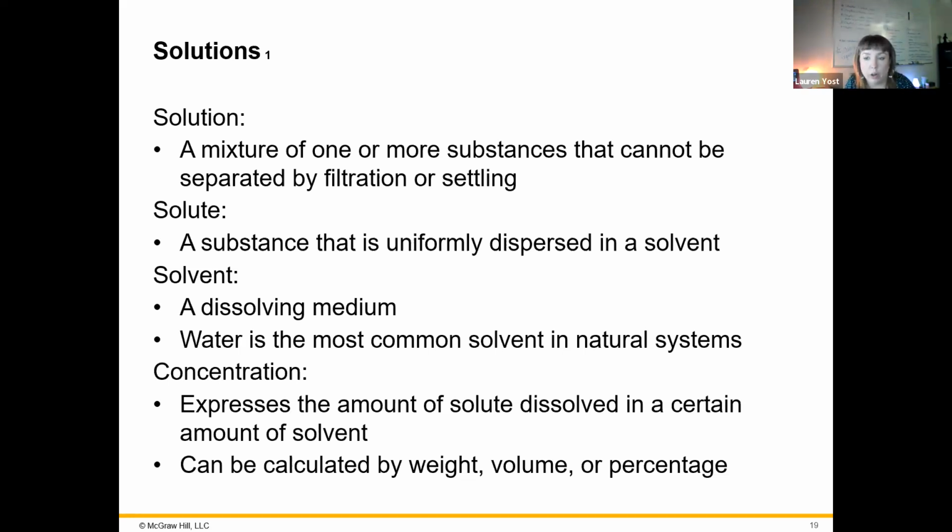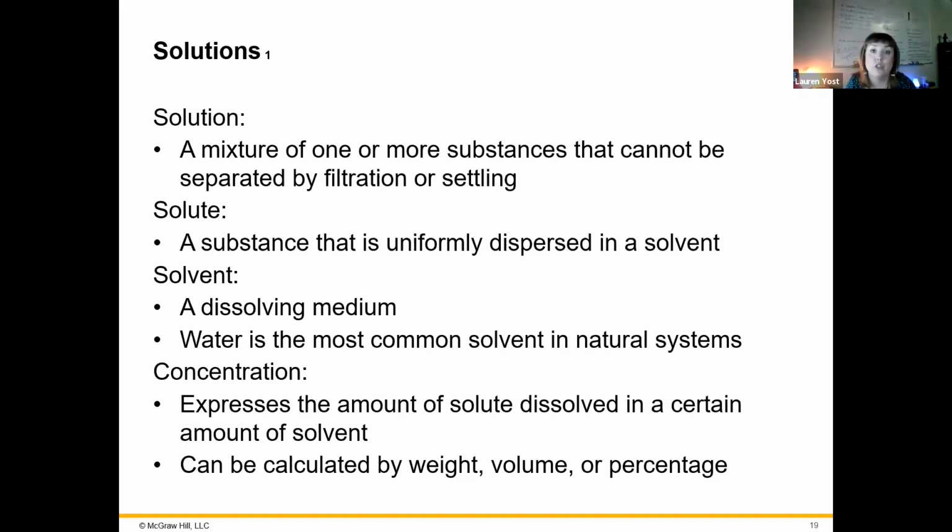Because these words are very similar to one another, do be familiar with which one is which, please. A solute is a substance that is uniformly dispersed within a solvent. A solvent is a dissolving medium like water. Water is the most common solvent in natural systems. And then concentration expresses the amount of the solute in a solvent.